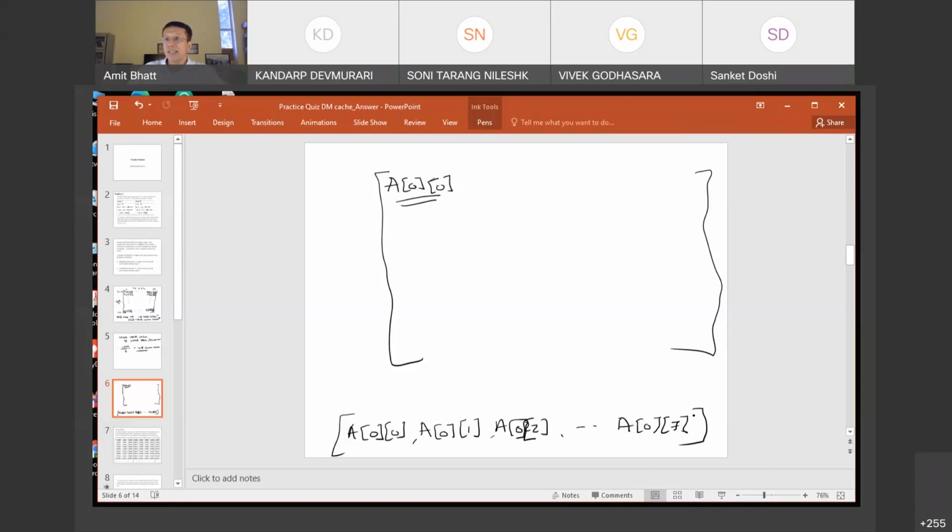Now here the advantage is that after A00, the next element which you are going to need is A01. And lo and behold, you are lucky. It is already brought. Then the third element you need is A02. No problem. You have already got it, because you brought these 8 elements together.